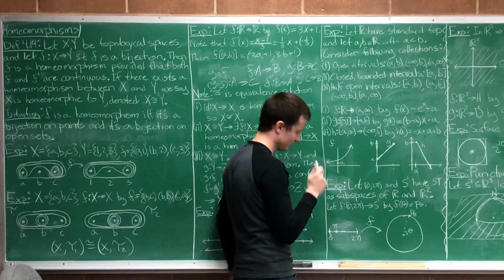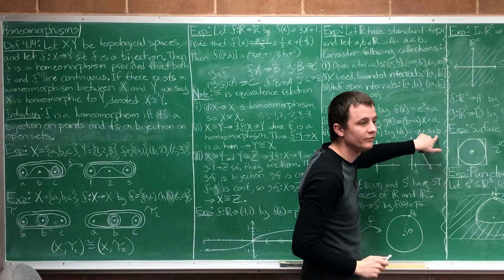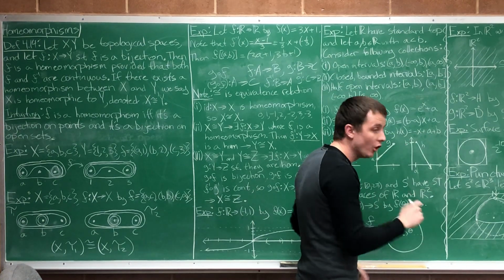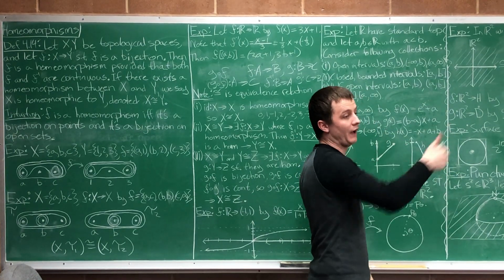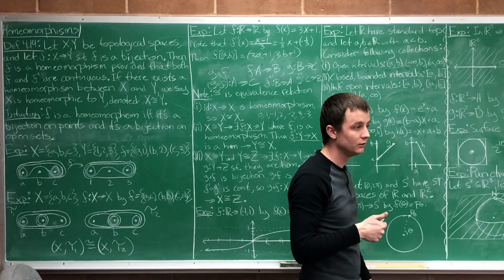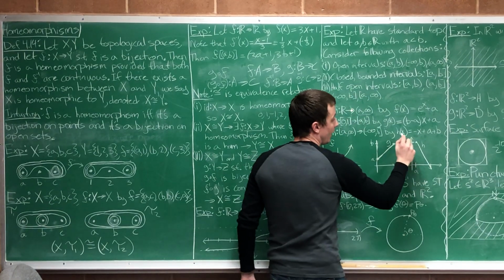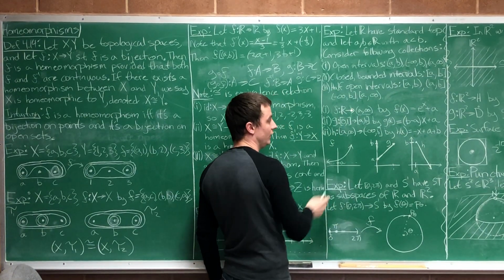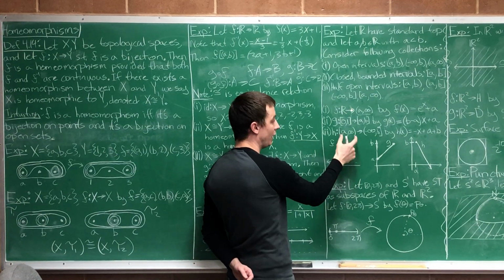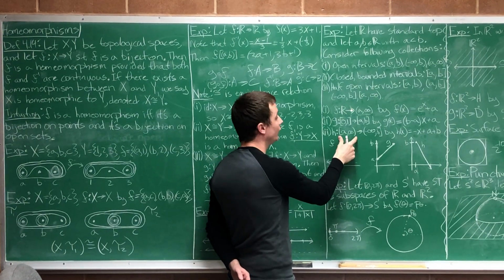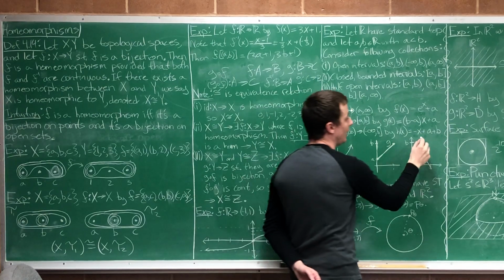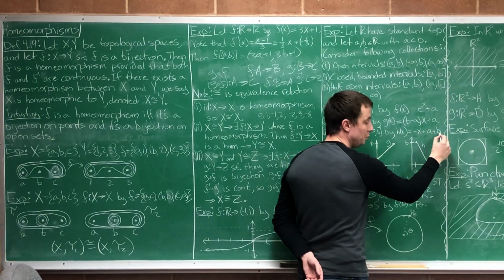But the thing to note here is, what is the biggest number I can plug into h? Or sorry, since this is a decreasing function, the smaller the number I plug in, the bigger the value that comes out, right? So the smallest number I can plug into this function is a. Here's my domain. The smallest value of my domain is a. When I plug a into this function, we get b.